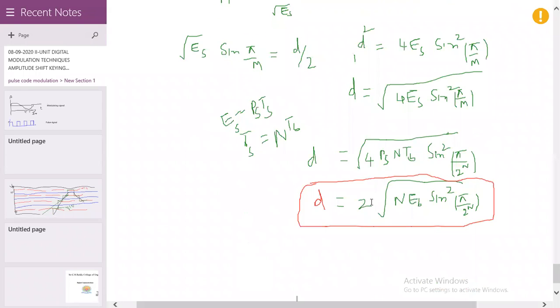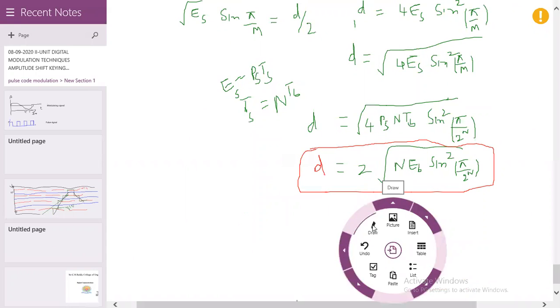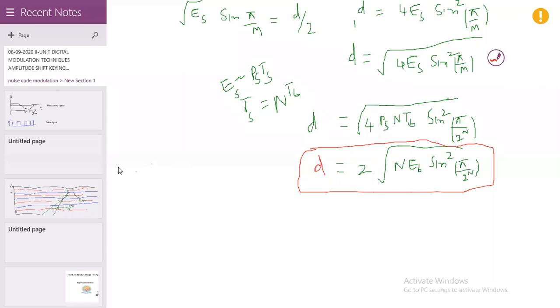Now here you can compare the distances between two symbols in BPSK, QPSK and M-array PSK. In BPSK, the distance between two symbols is d equal to 2 into root of Eb. Whereas in QPSK, the distance is again the same, 2 into root of Eb.